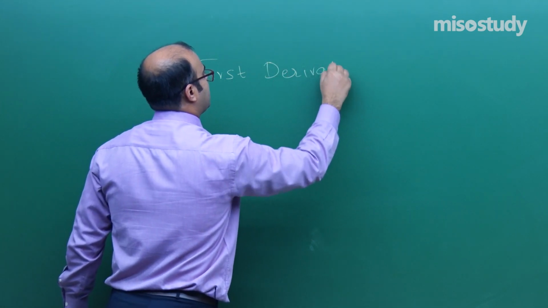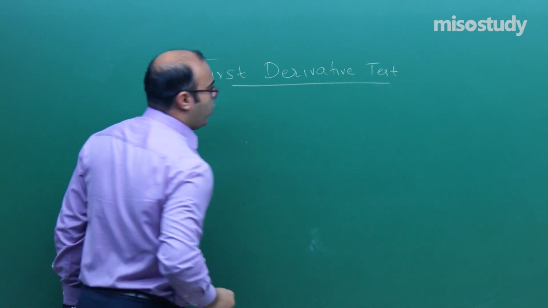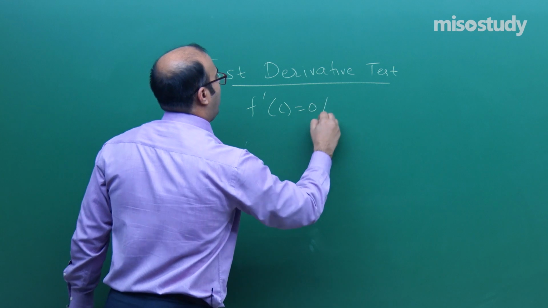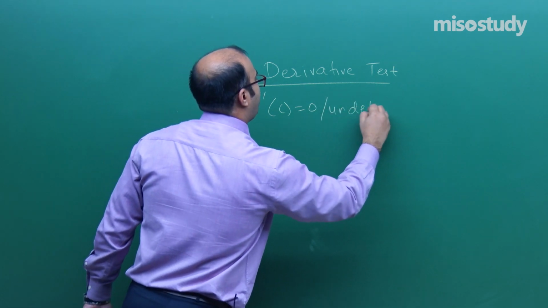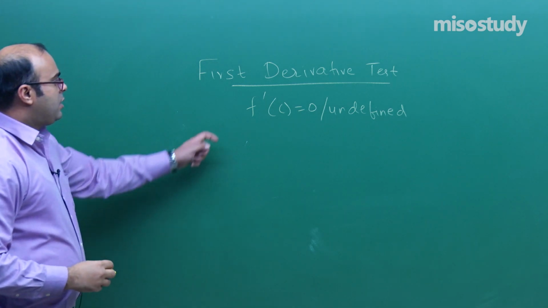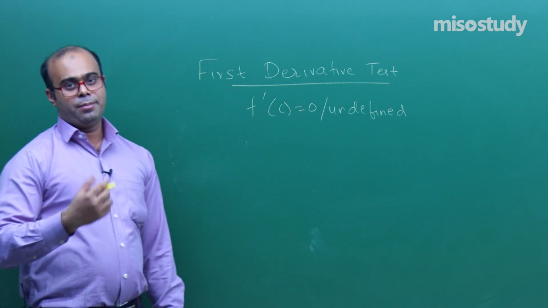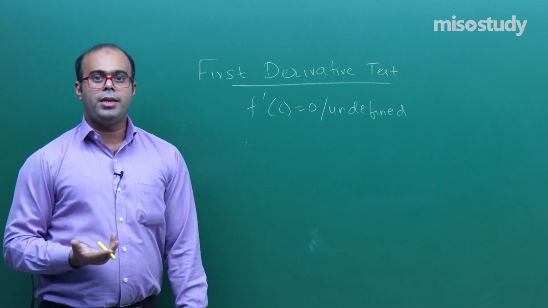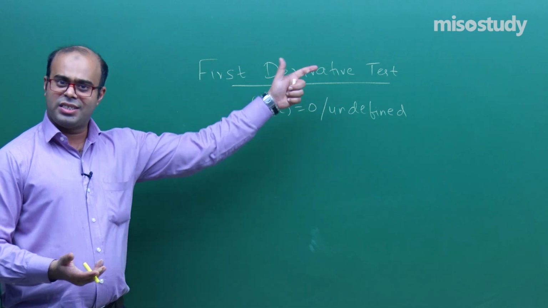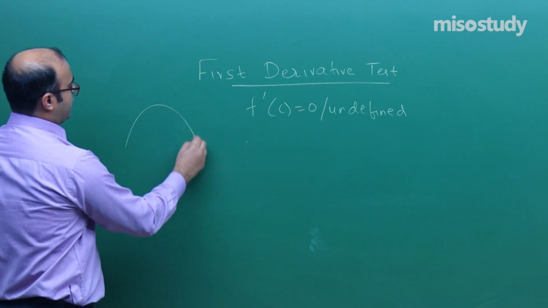The first derivative test helps us find out whether a point x is equal to c, where f dash c is 0 or undefined, is a point of maxima or minima or neither. The possibility is that there may be a maxima, there may be a minima, or it may be neither, as we have just seen in the x cube graph. So, let us suppose this graph.